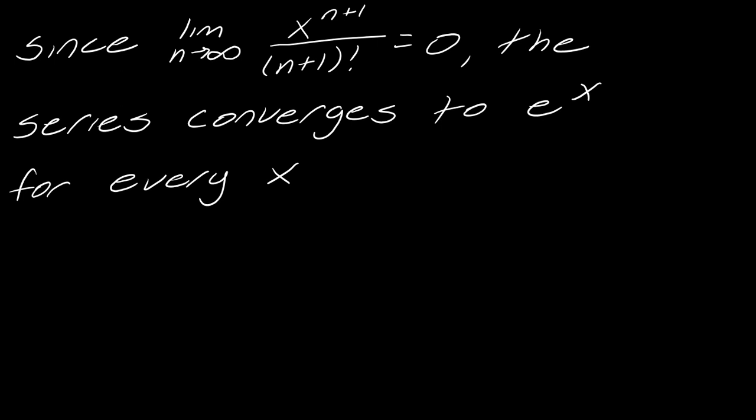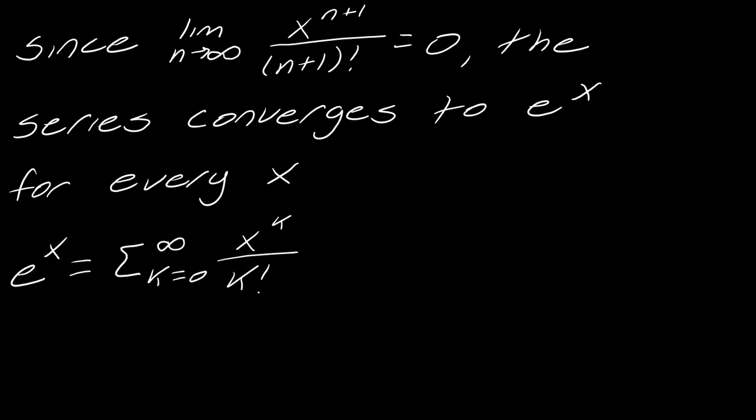So this is a really powerful idea now with the error term. I determine what the error term is, kind of what the format of it is. If I know that it goes to 0, then I can trust that my series converges to the original function. And so what that means is e to the x equals this series, or can be rewritten like this.